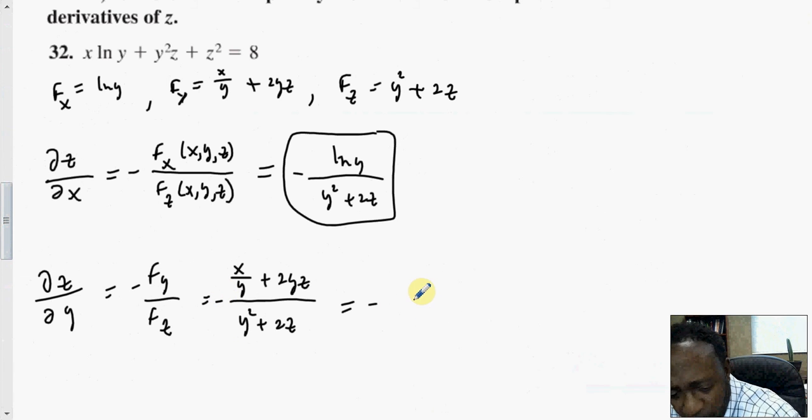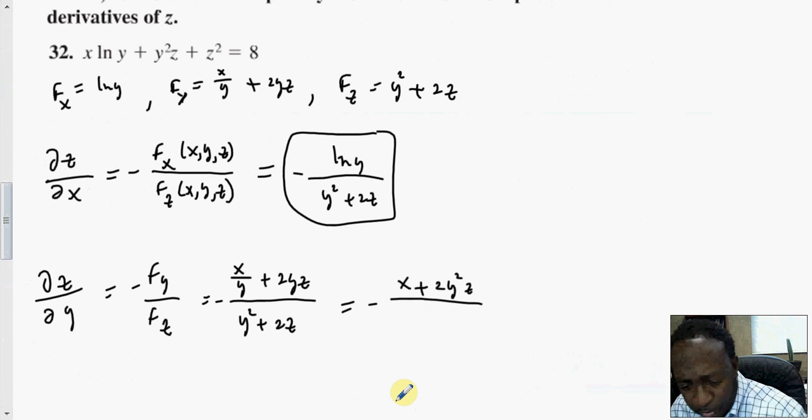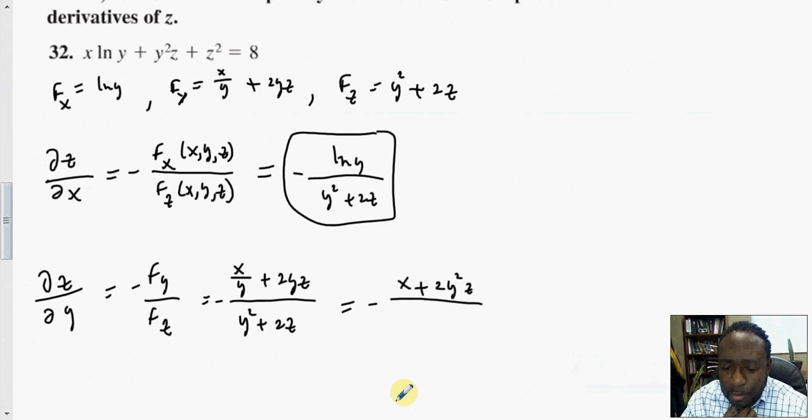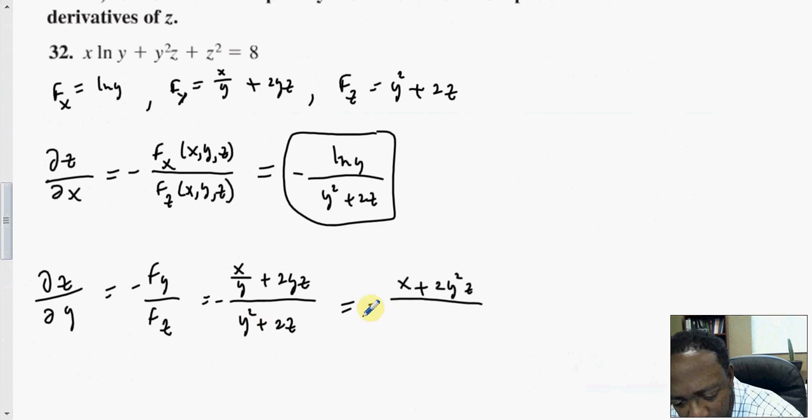Let's simplify what we have. This is, yes, x plus 2y squared z all over, y drops downstairs, so this is y cubed plus 2yz.